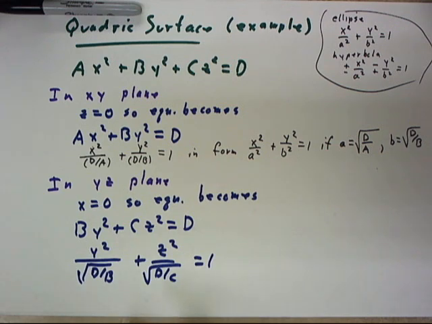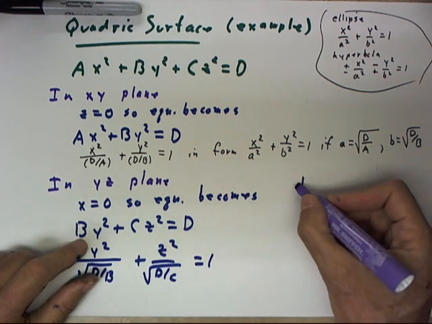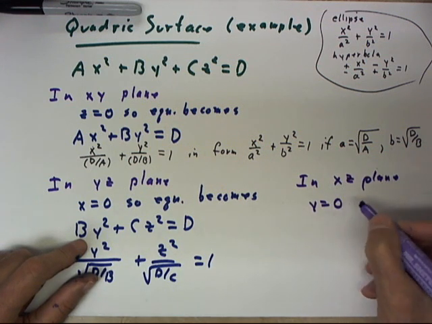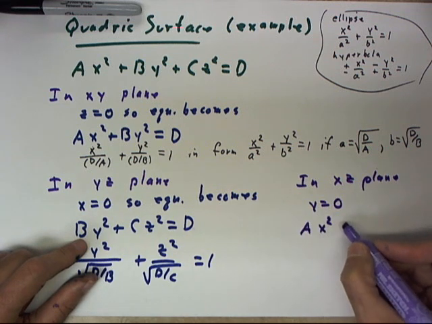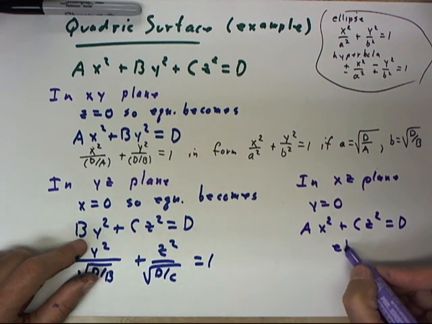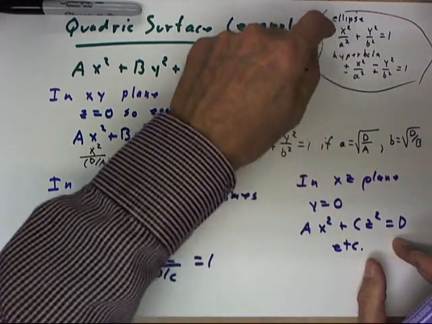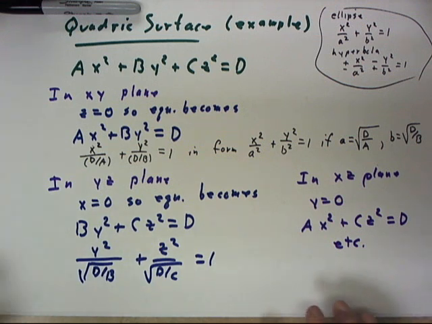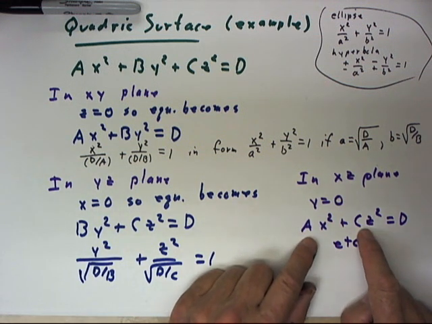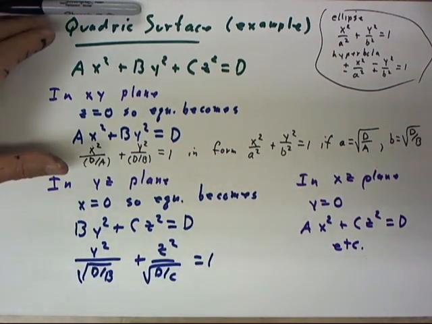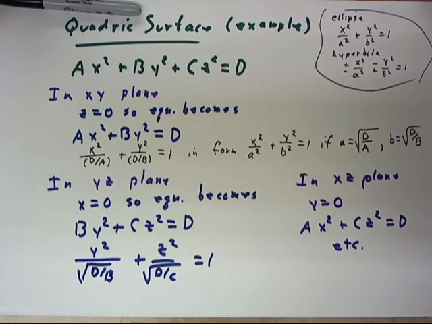We also have the xz plane, where y equals 0, so that we get Ax squared plus Cz squared equals D, and so forth. And this is also going to be either a hyperbola or an ellipse, or possibly the sign of this side would be different than the sign of this side, in which case we would get nothing. Okay, so that's kind of an overview of the way we might look at an equation of this form. Now we're going to look at a more general form.